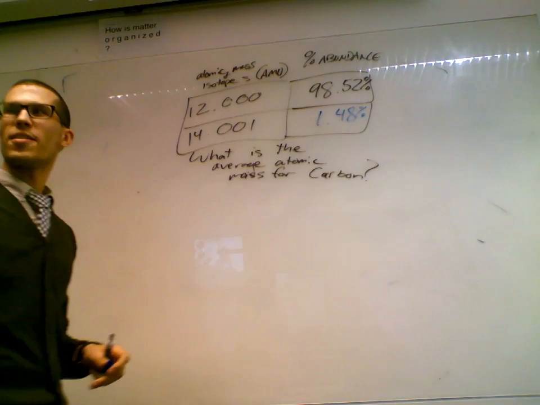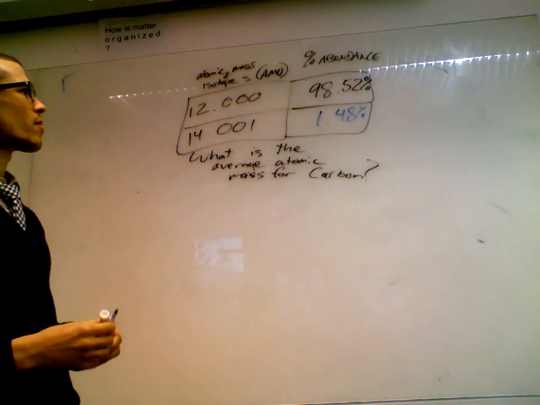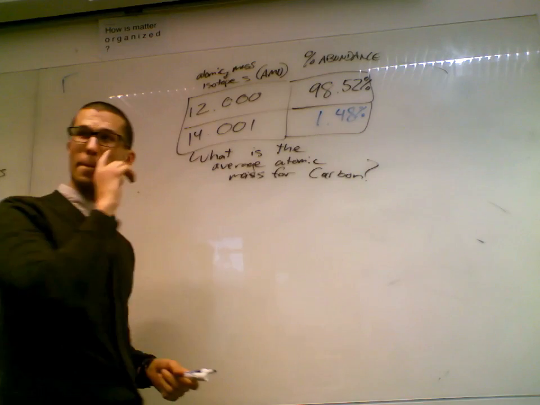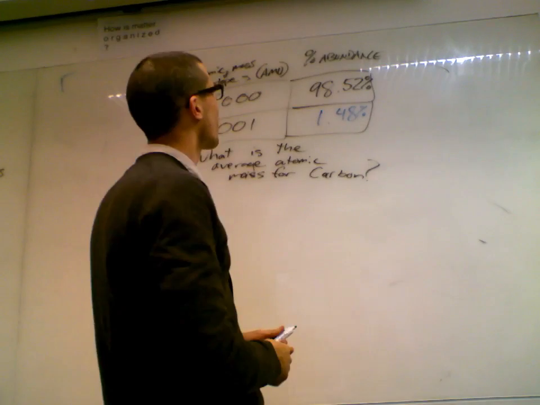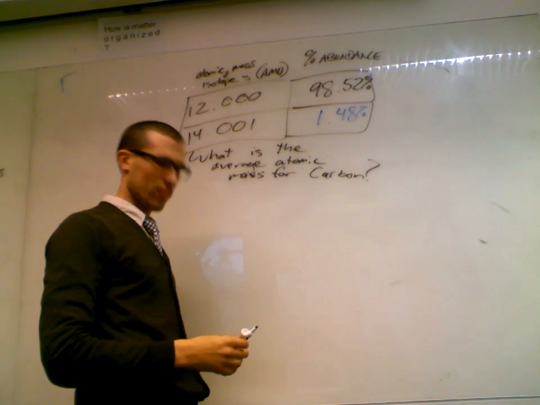And then you're going to have to convert the abundances into decimals. So you do 98.52 divided by 100, and that's 0.9852.